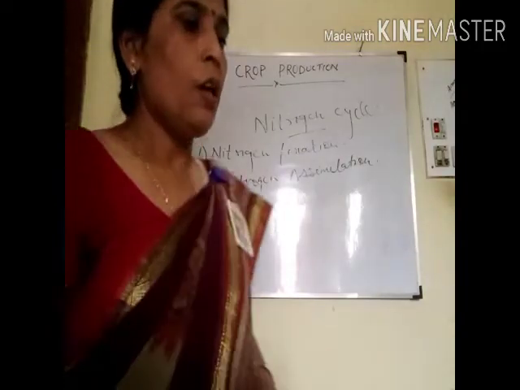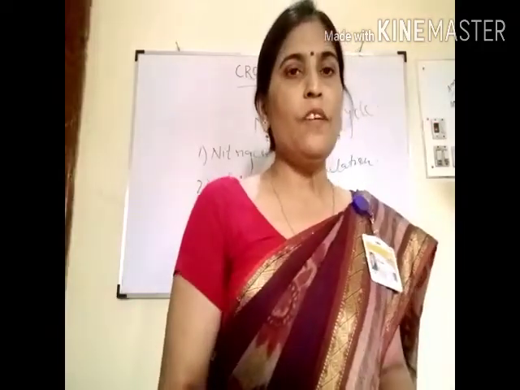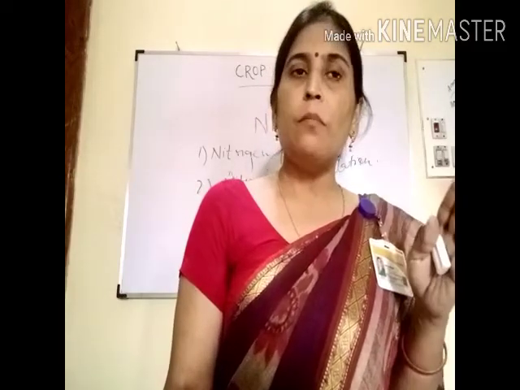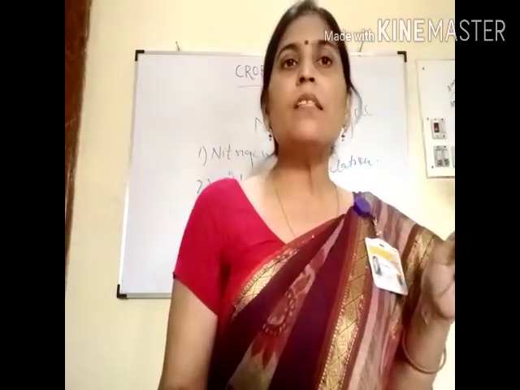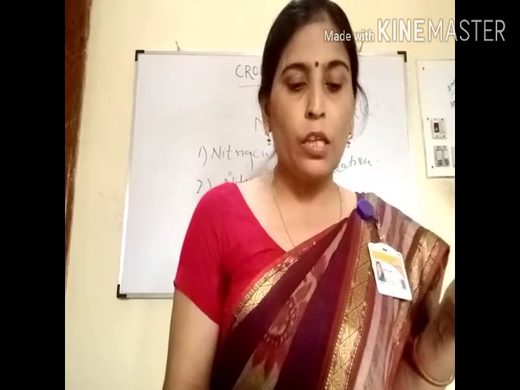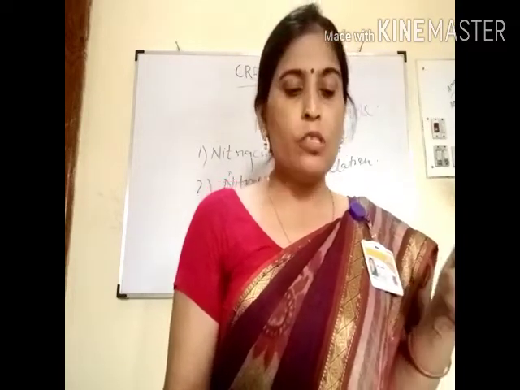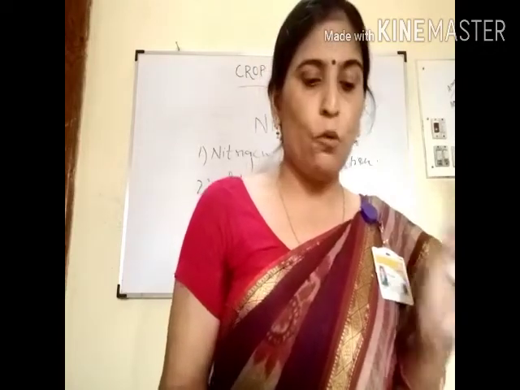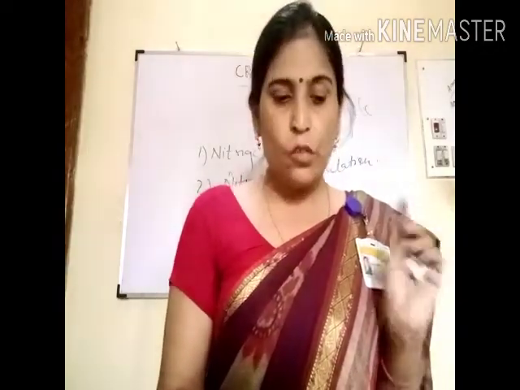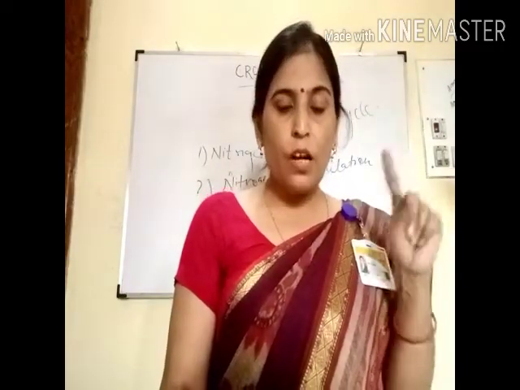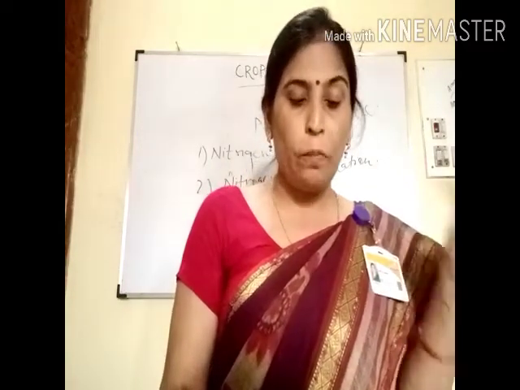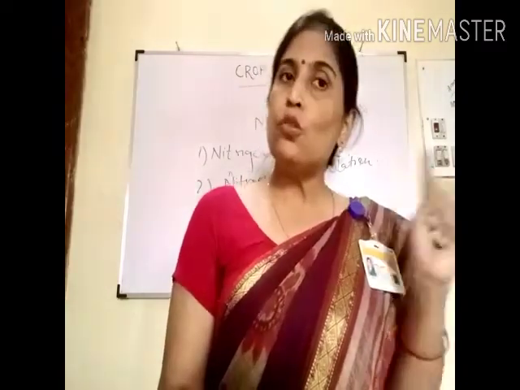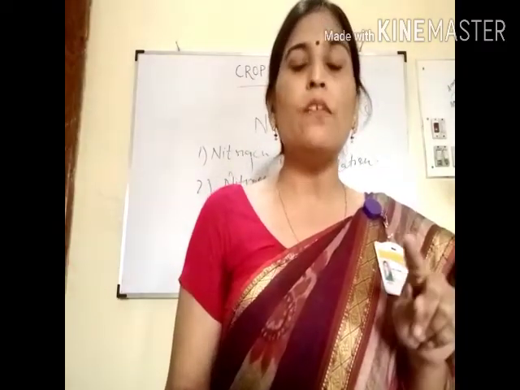Third is ammonification. Ammonification means when the plants and animals die, their remains are converted into ammonia and ammonium compounds by decay bacteria and fungi, by decomposers present in the soil. So the process of conversion of complex organic compounds, like protein, into ammonia is called ammonification.